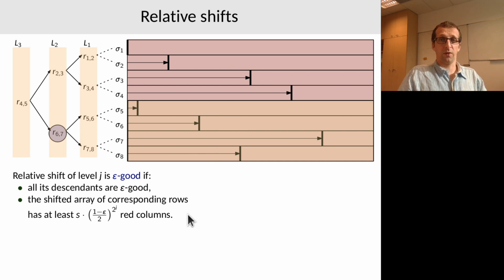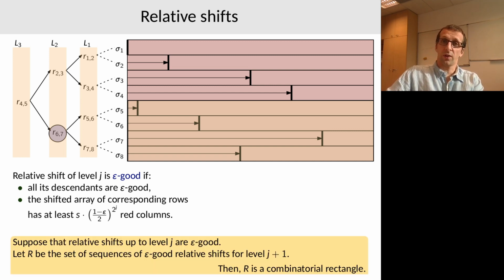What is our transposed definition? We are going to assign the relative shifts level by level, starting from the bottom, and trying to build an epsilon good labeling of the whole tree. The crucial observation here is that when we consider some level and assume that the lower levels are already labeled in an epsilon good way, then the epsilon good choices for distinct nodes of that level are completely independent.